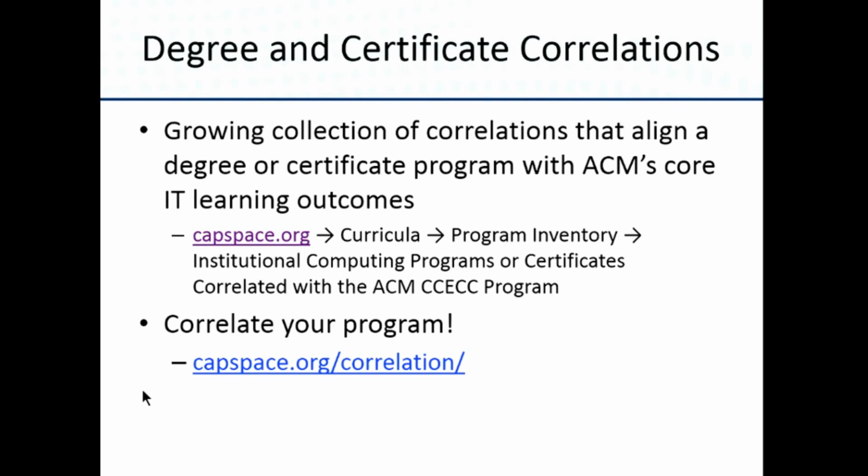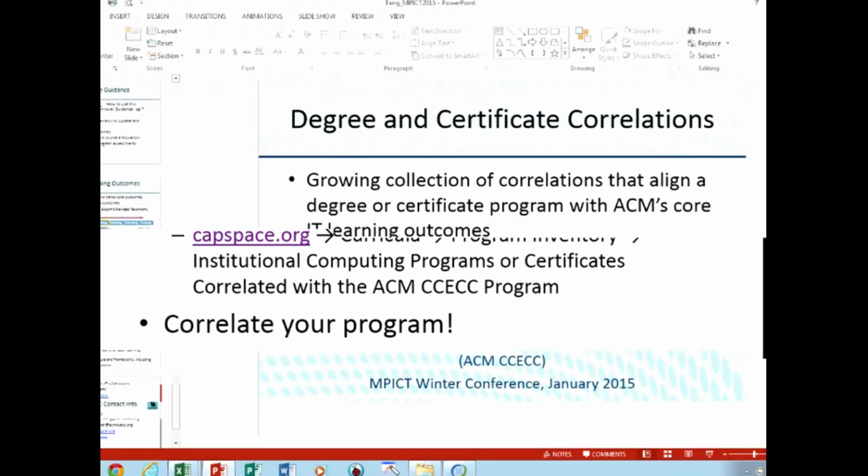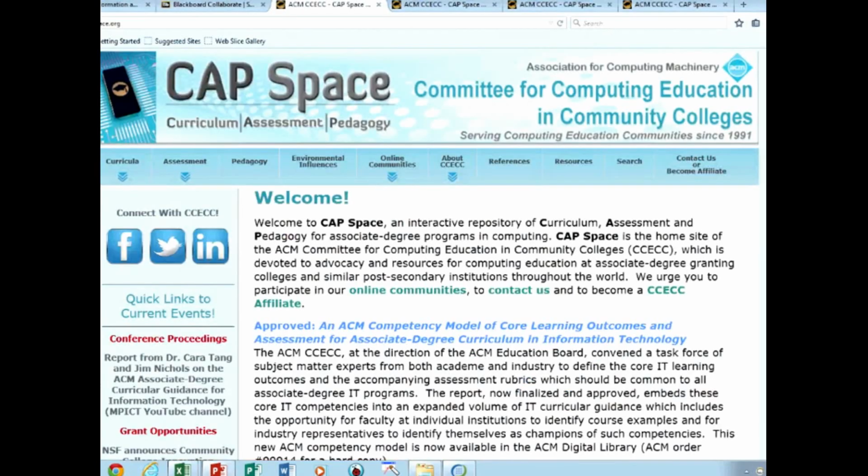So you were on the committee to build the competency model for learning outcomes, but I also noticed that ACM is looking at pedagogy. Let me pull the website back up. Yeah, so those are kind of the three legs, the three efforts: curriculum, assessment, and pedagogy.